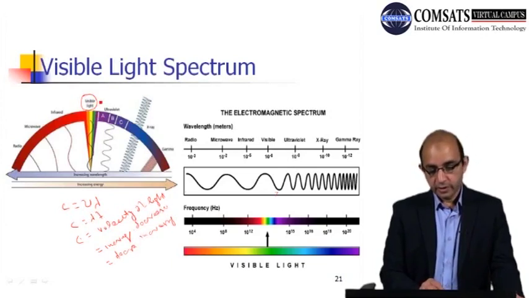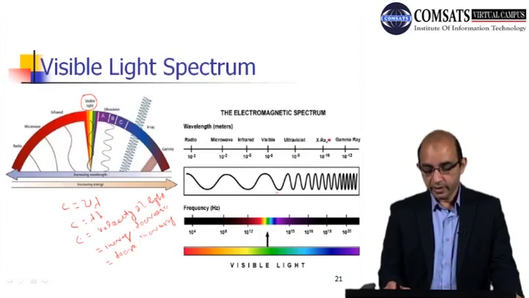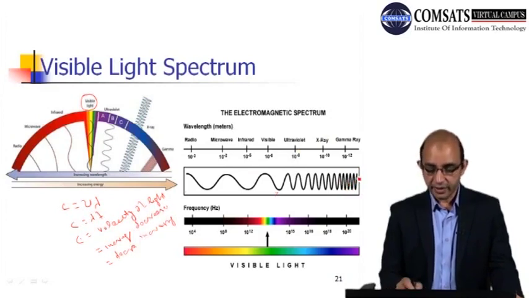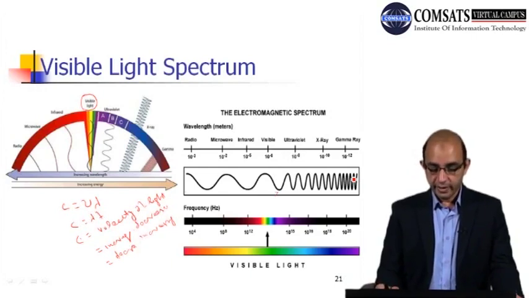So wavelength is increasing in this direction and decreasing in this direction. You can see that the waves are becoming more and more dense because the frequency is rising in this direction, on the right hand side of your slide.